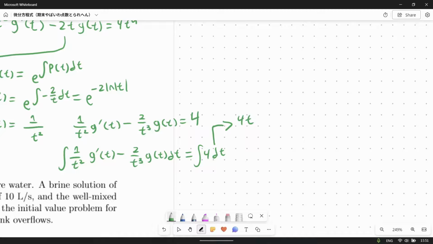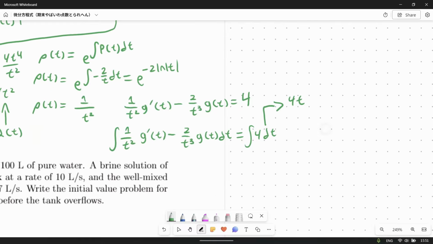If you don't remember, when you're finding a general solution using an integrating factor, the reason we use an integrating factor is that when you distribute it into the left side, you set it up in such a way that the left side takes the form of our integrating factor, rho of t, times g prime of t minus this term here.